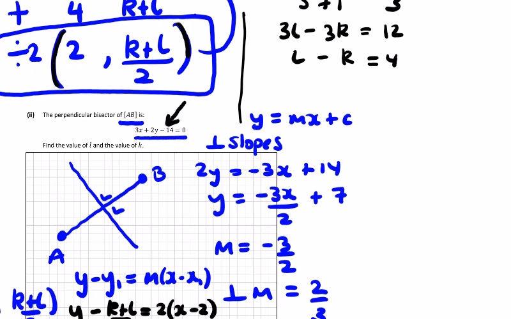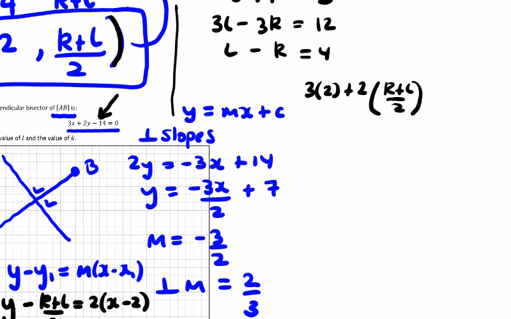So if we plug this point in, 3x will be 2 plus 2 times (k plus L) over 2 minus 14 is equal to 0. If we simplify this, we're going to get 6 plus, the 2's cancel, so we get k plus L minus 14 is equal to 0.